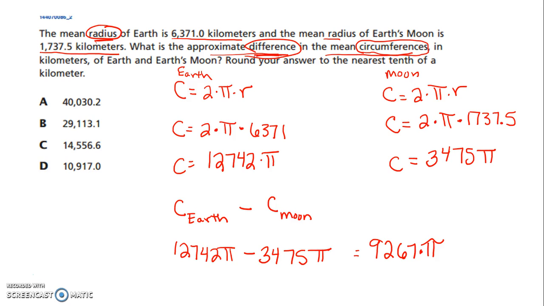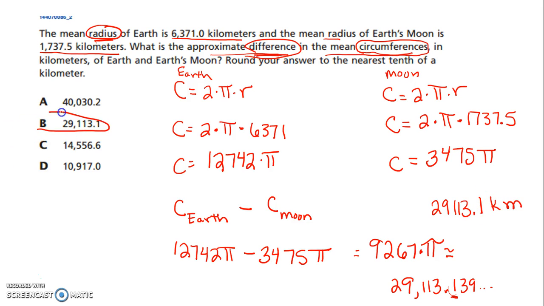I'll hit my back and forth arrow, and I'll find that that's approximately 29,113.139 and so on. But I want to round to the nearest tenth. That 3 tells me that this number is closer to 29,113.1. So my final answer is going to be approximately 29,113.1 kilometers, which is letter B.